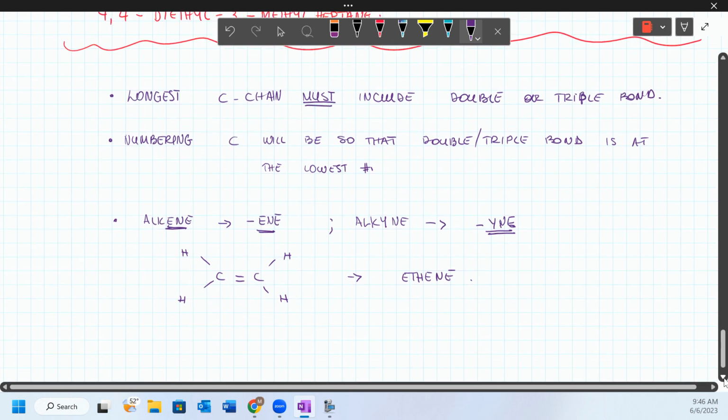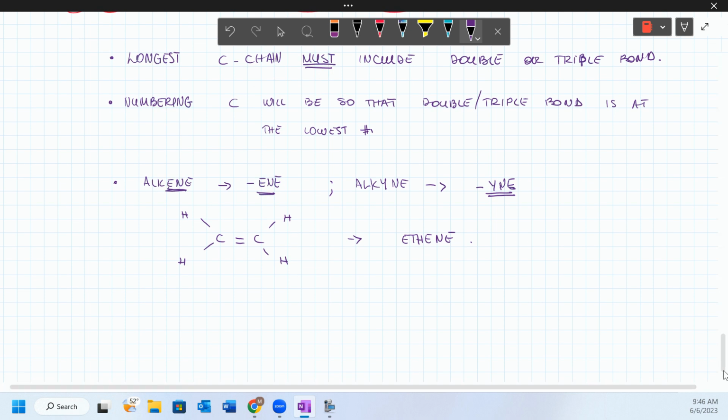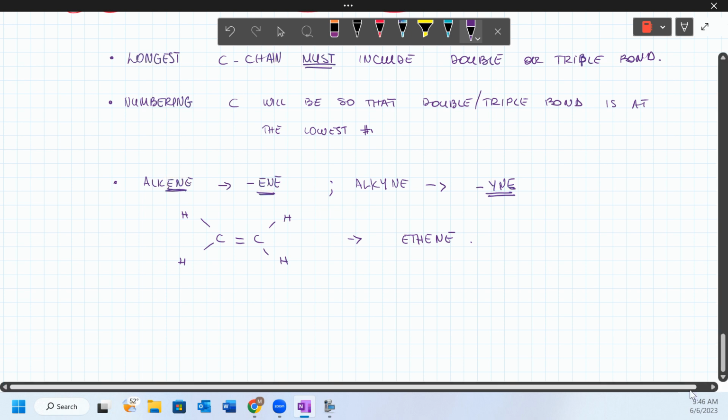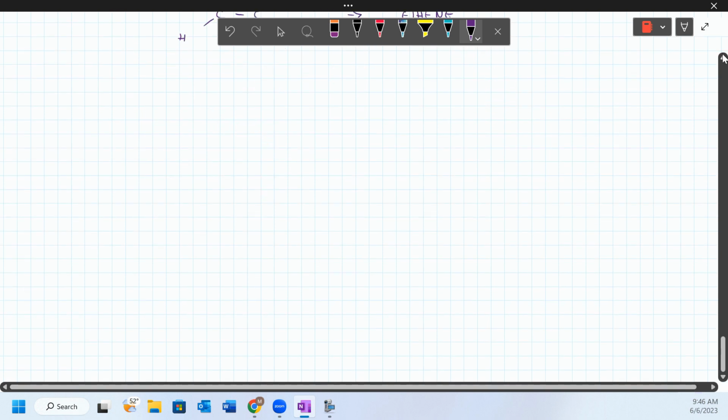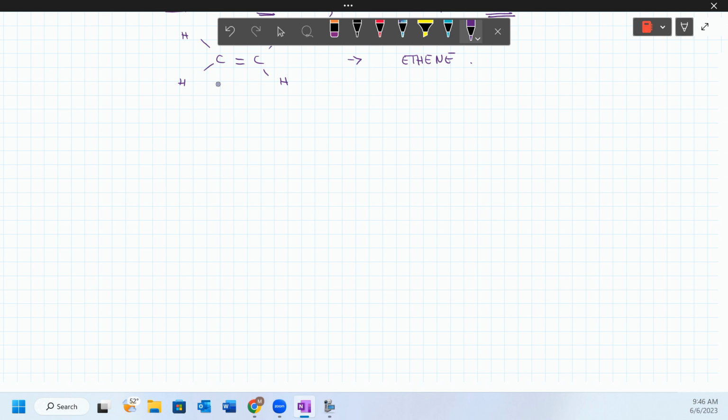Okay, but in this case we do not say at what position it is, because it doesn't really matter. We have only two carbons bonded between each other, so they always will be the same. If you say 1, 2, or 2, 1, it's the same thing.